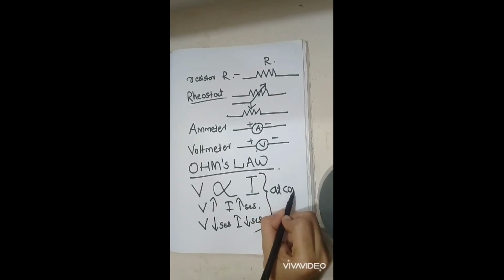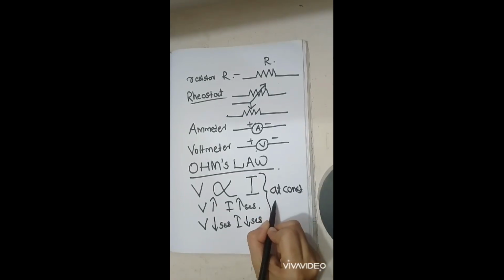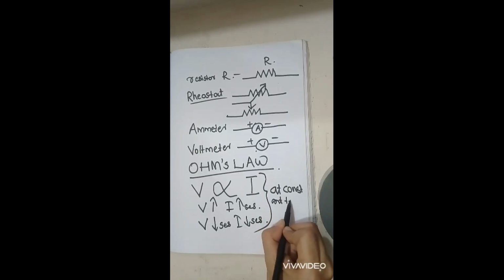It is very important, at a constant temperature. That is V proportional to I at a constant temperature. Then what is Ohm's law? At a constant temperature, the potential difference V is directly proportional to the current flowing I. Okay?